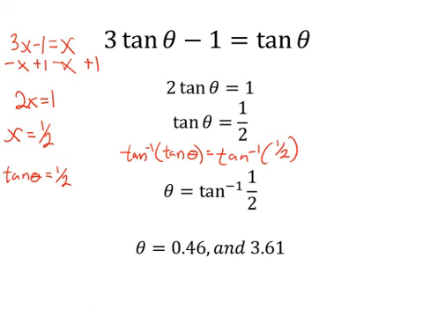But what happens is that when you take the inverse tangent of a tangent, or the inverse sine of a sine, or the arc cosine of a cosine, those cancel out, leaving you with just the variable. So you have theta is equal to inverse tangent, or the arc tangent, of 1/2. Your calculator will actually come up with one answer for it, which will probably be the 0.46. So with these you only need one answer at a time. You don't need both. You just need one.